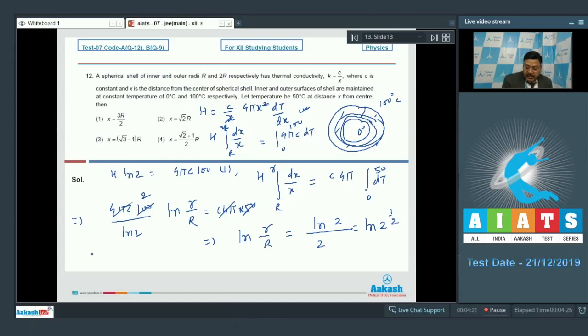Now we can see that the value of small r by capital R is clearly 2 to the power 1 by 2, or root 2, and the value of r happens to be then R root 2, which is the same as the value of x as given in the question. So our answer to question 12 is option 2. Let's move on to the next question now.